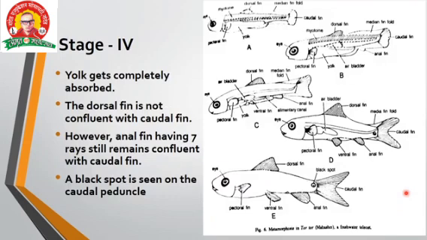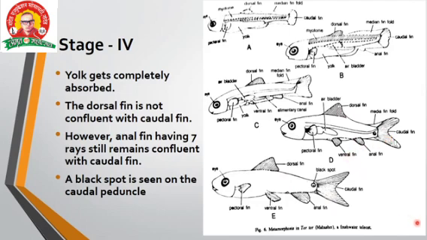Then stage number 4. On my right-hand side are all the stages of metamorphosis of the fish. The yolk is completely absorbed. The dorsal fin is not confluent with the caudal fin.